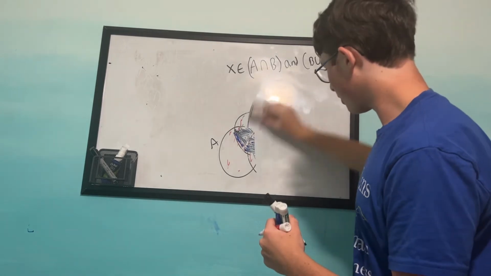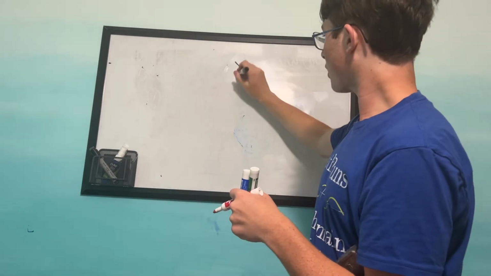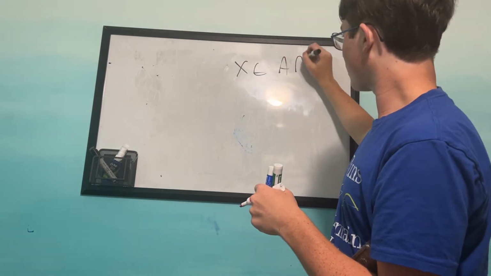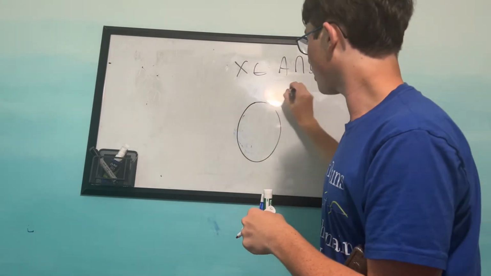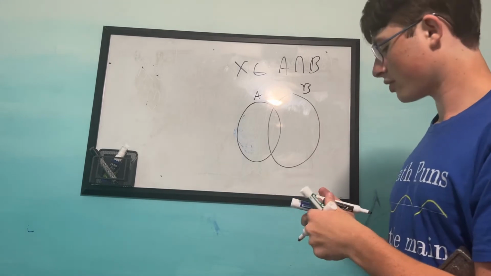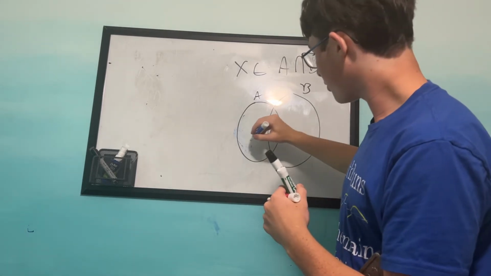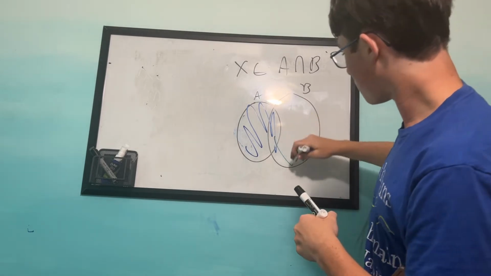Another example: X is in the intersection of A and B. Set A is blue and set B is green.